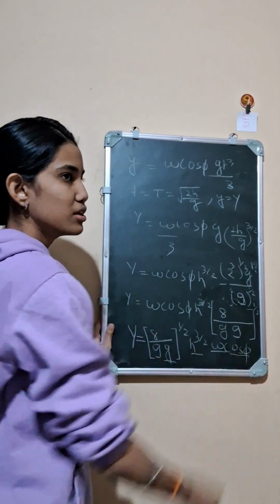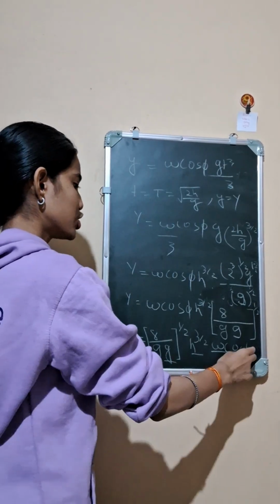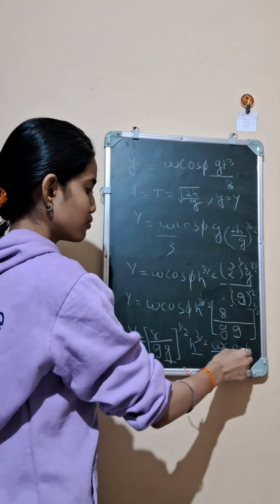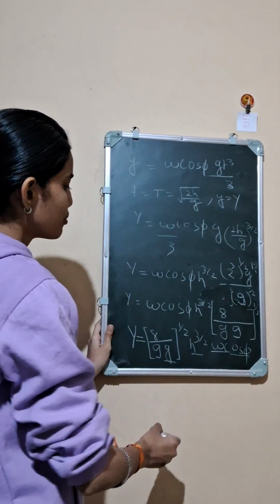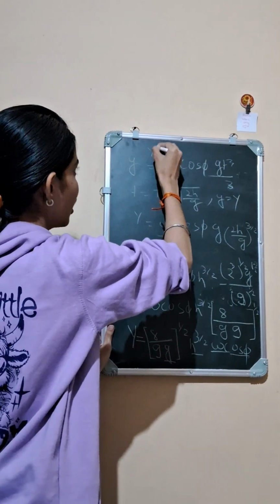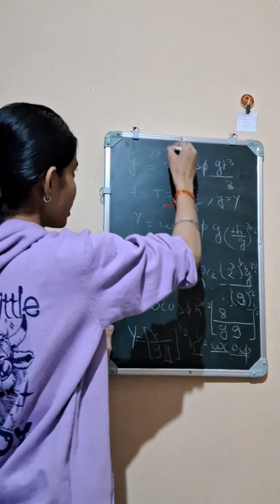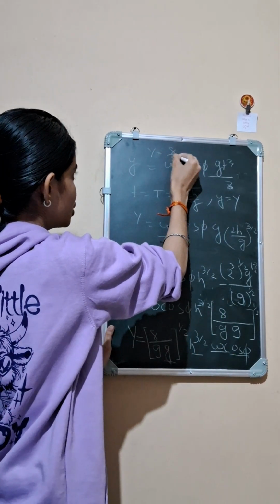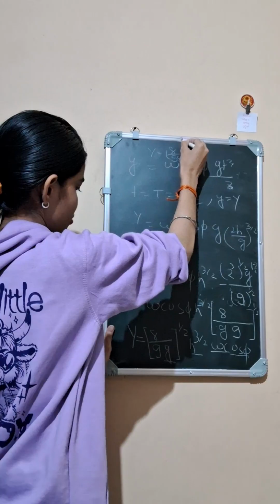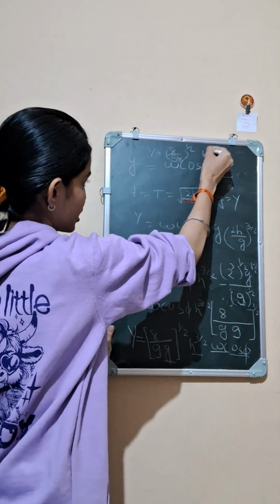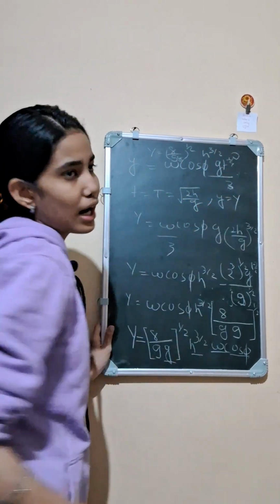So we know that at the equator phi is equal to 0. So cos phi will be equal to 1 and therefore y equals 8 by 9 g to the power 1 by 2 h to the power 3 by 2 omega at the equator.